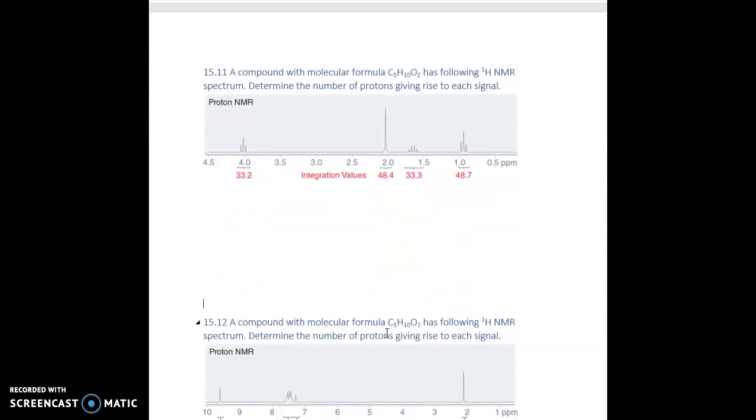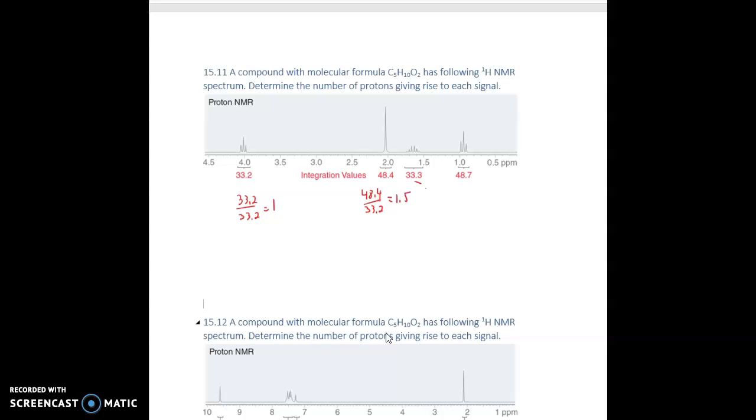Here's a compound with 10 hydrogens. Determine the number of protons giving rise to each signal. So again, we find the smallest number, 33.2 divided by 33.2 will give us 1. 48.4 divided by 33.2 will give us 1.5.